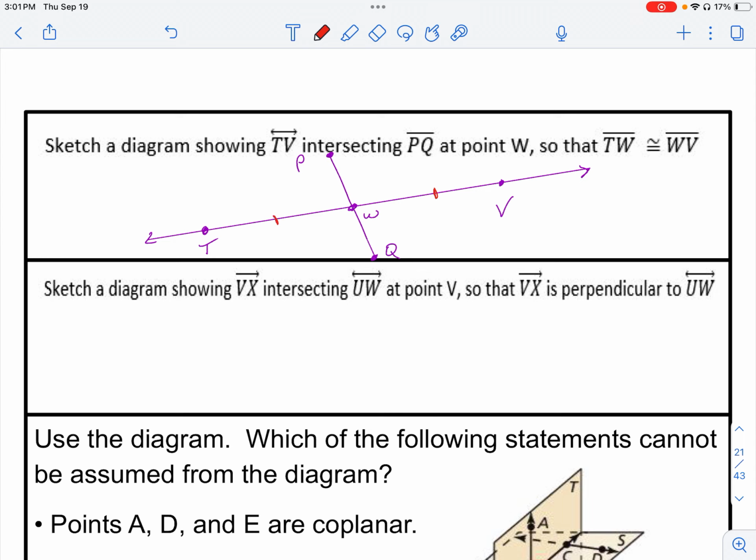So we draw the line, the intersecting segment, all the relevant points, and then we put our little dashes to show congruence. And we're done with that one.